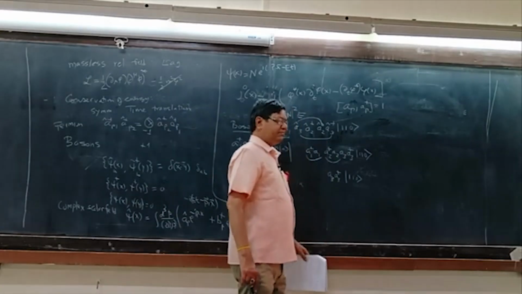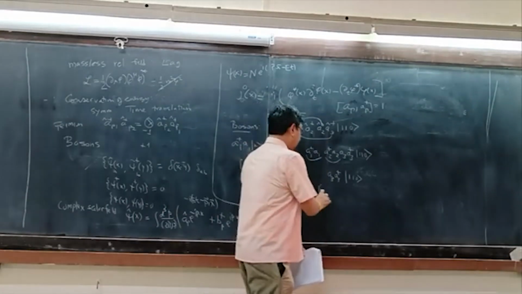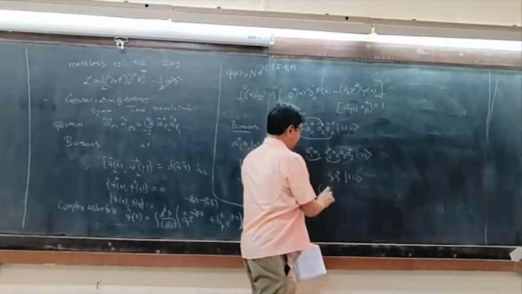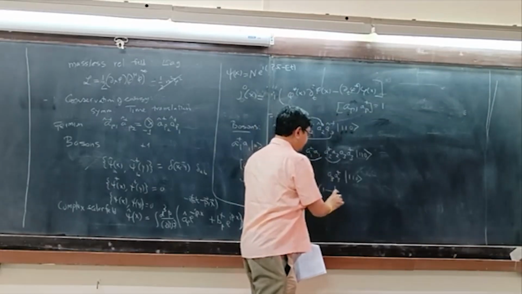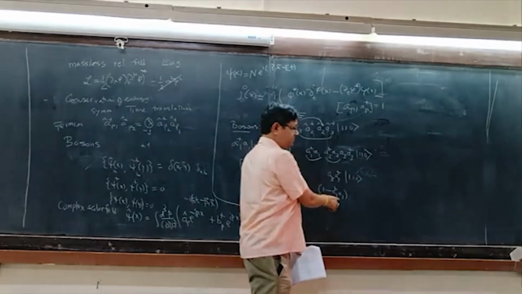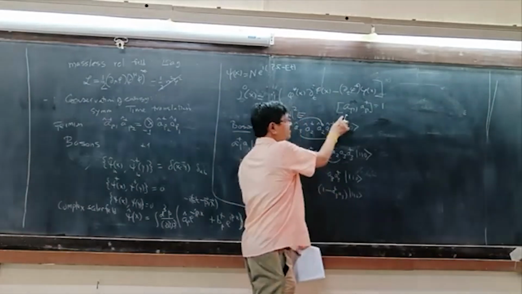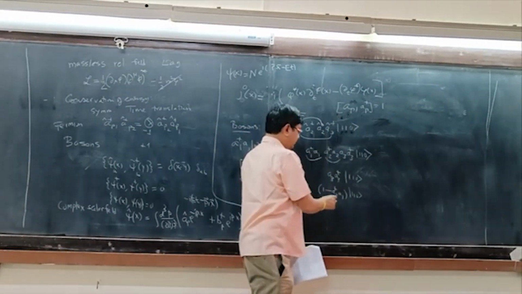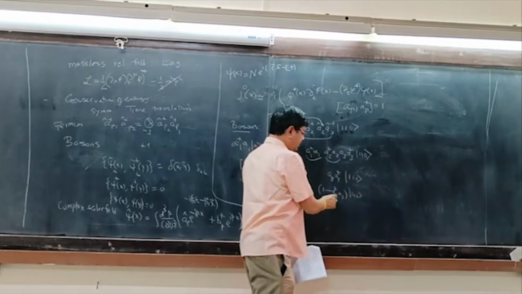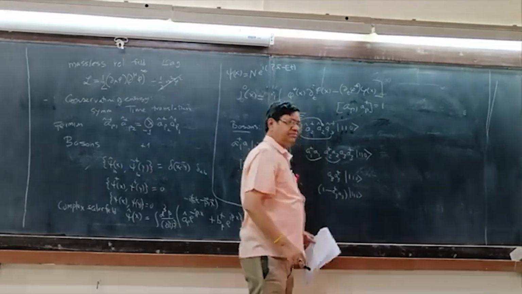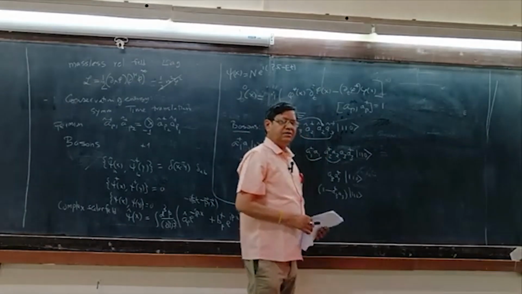And what is this object? So it is a commutation relation: 1 minus A3 dagger, A3. I need to do that. So this is a number operator. So 1, 1, 0 coming from here. So what is this one, A3 dagger, A3 acting on this?